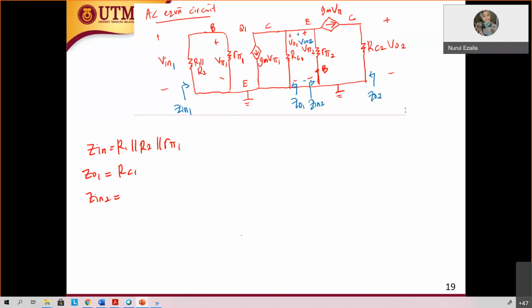What is Z in for common base? R pi 2 over beta plus 1. Still remember? Look at the common base again. Z out 2 is RC2.